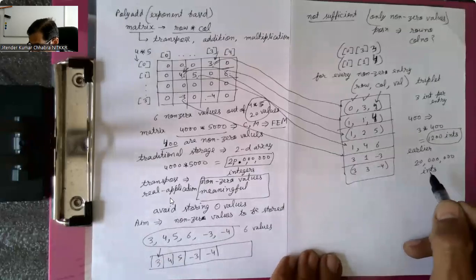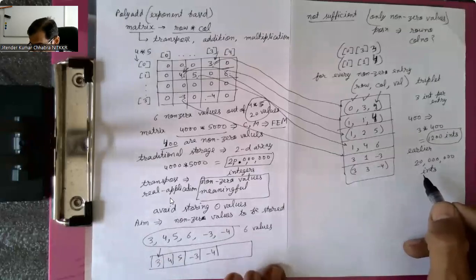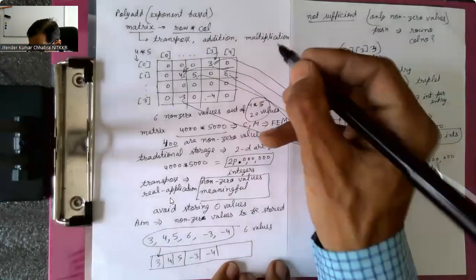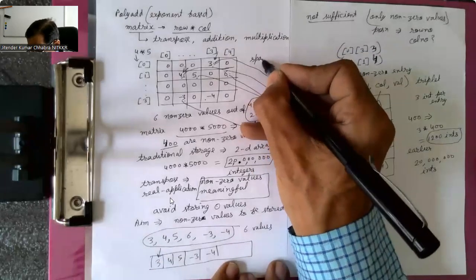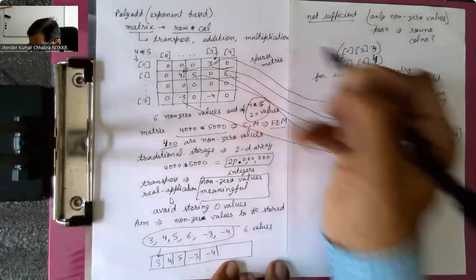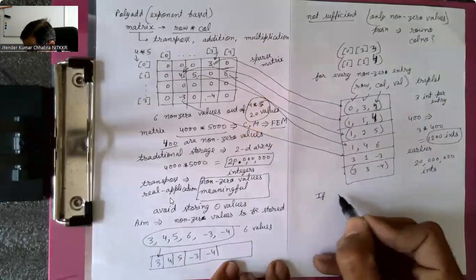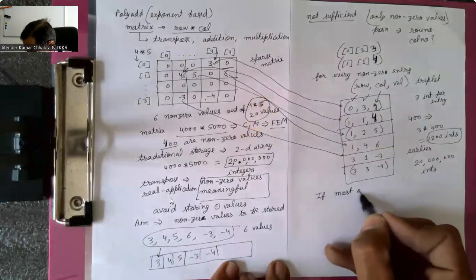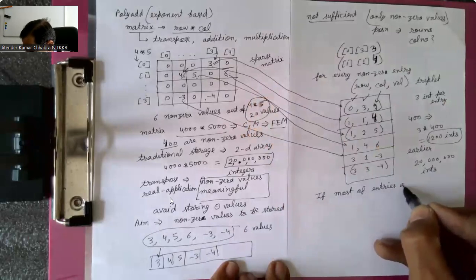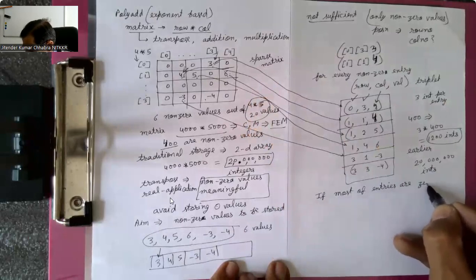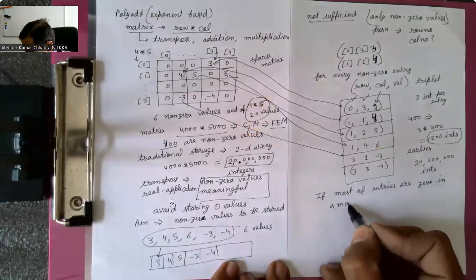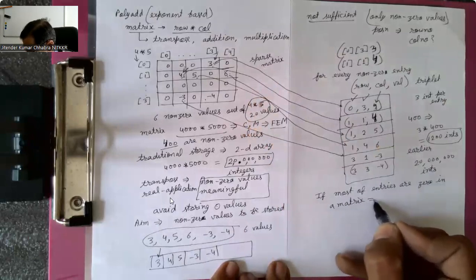So this becomes a new kind of data structure. Whenever I have a matrix like this, such a matrix is called a sparse matrix. So if most of the entries are 0 in a matrix, then we call that matrix a sparse matrix.